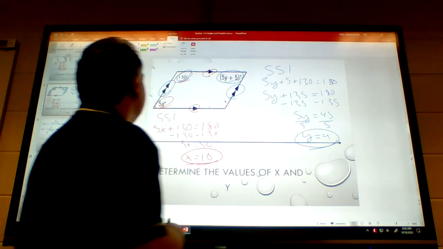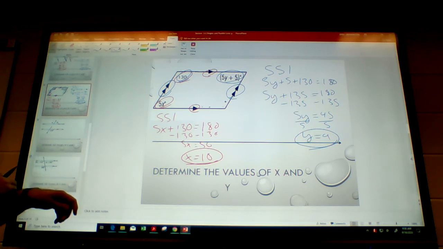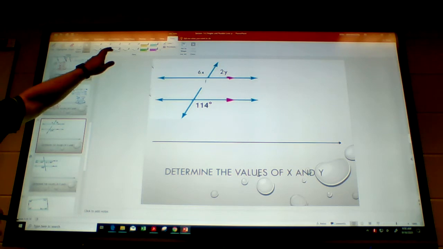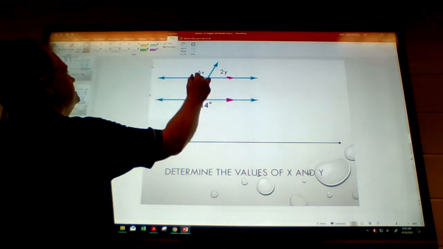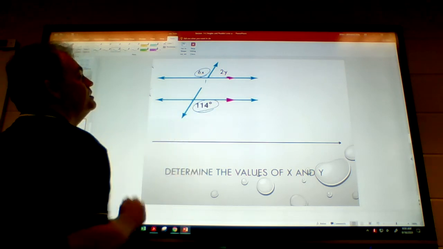Now, in each of these cases so far, you have seen where the angles are supplementary. Well, that's not always going to be the case. Now, for example, let's look at the next one. Let's look at this one right here. I got 6x and 114.